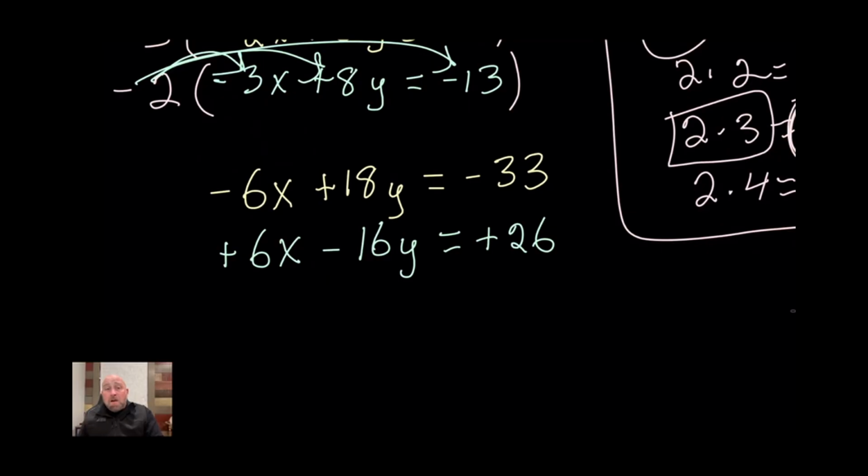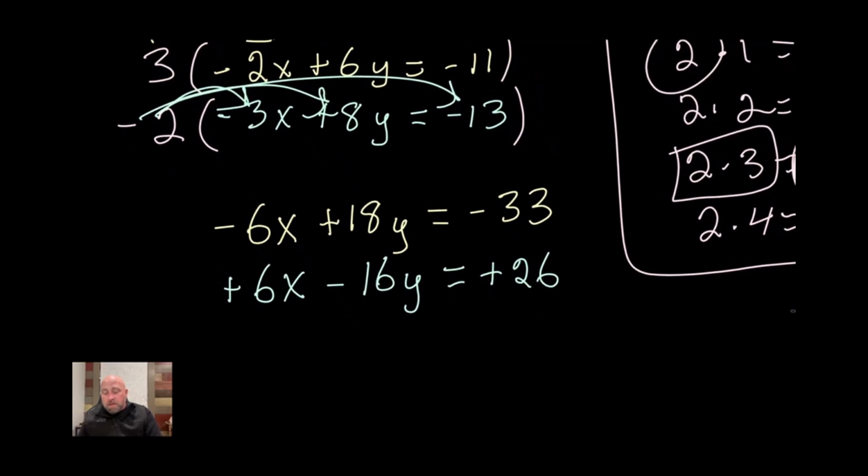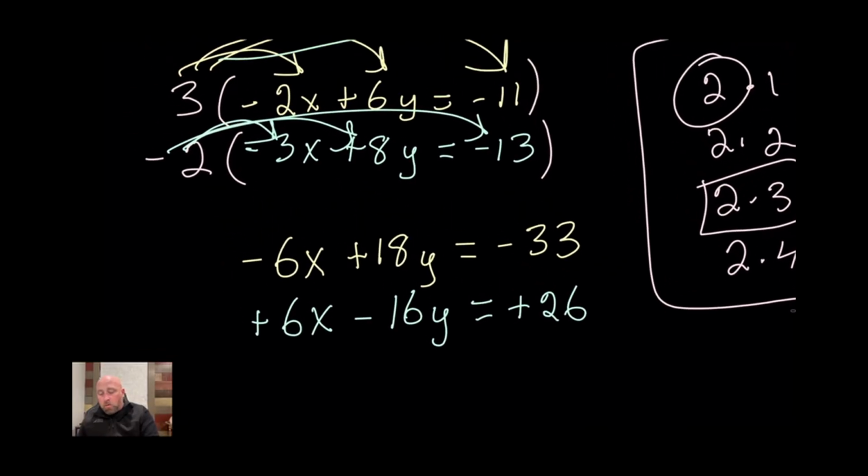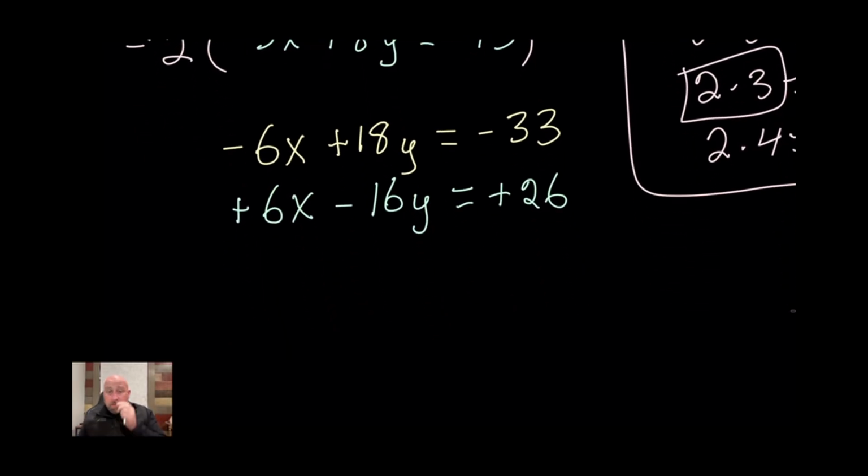All right, now that I have converted this, I took my old equations right here, and I multiplied them by the LCM, and the inverse LCM because I wanted to get this to cancel. That was my goal. So now that I've got this, I can just cancel those out.